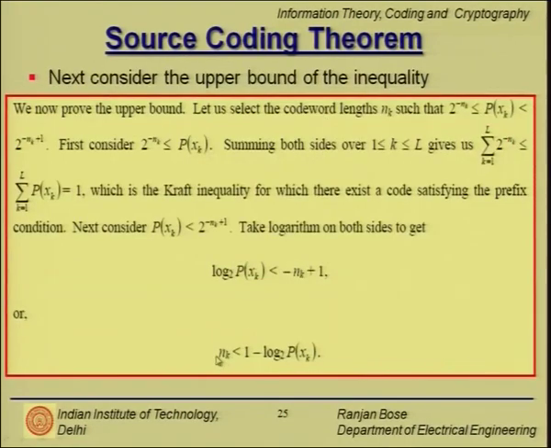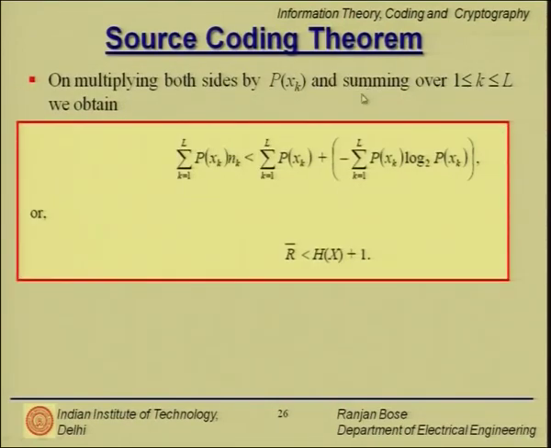So, we have p(x_k) multiplied with n_k, less than or equal to p(x_k) minus p(x_k) log to the base 2 p(x_k), and if we sum it over all k equal to 1 through L, on the left hand side we have summation of p(x_k) n_k, and again summation of p(x_k).